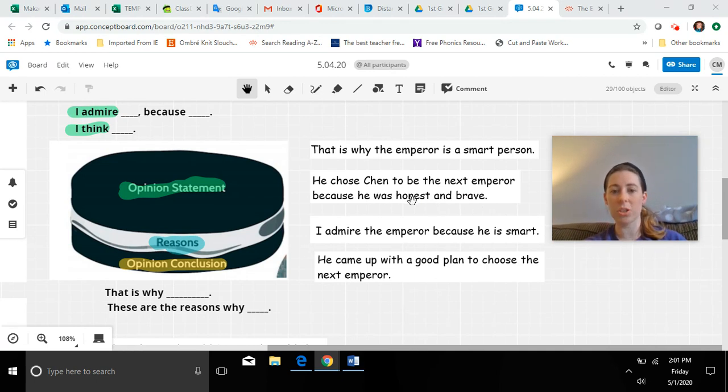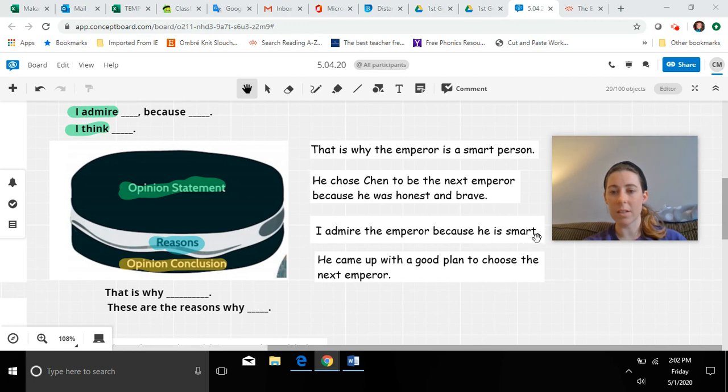Ooh, I see 2 character traits. Do you see them? Honest, brave. And in my first sentence, what character trait do you see right here? That's right, smart. Let's go down to the third sentence and read it together. I admire the emperor because he is smart.